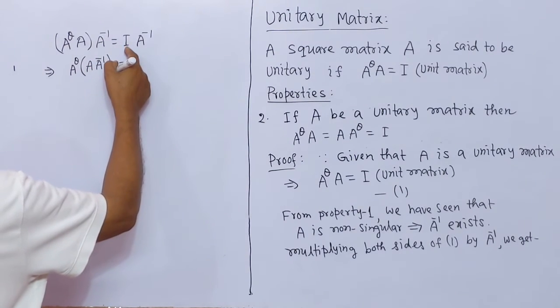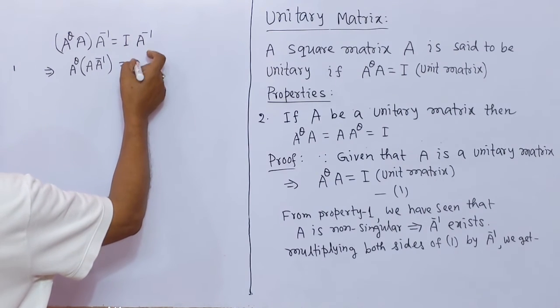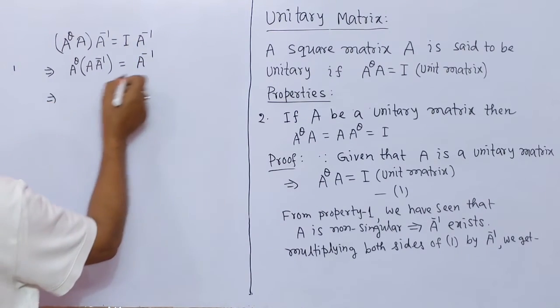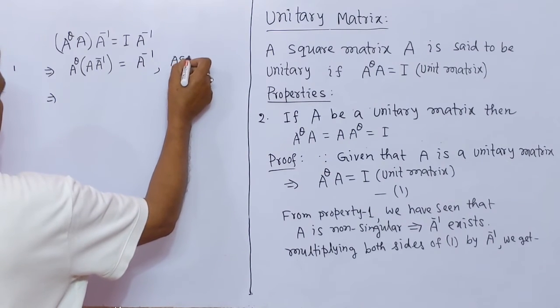And this is unit matrix multiply A matrix is that matrix. This is associative law.